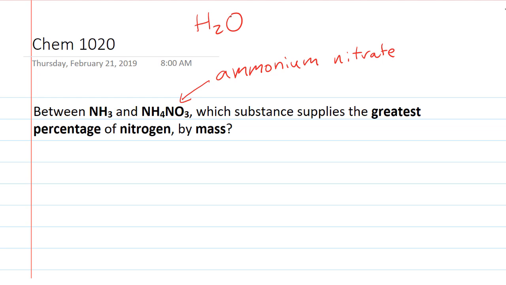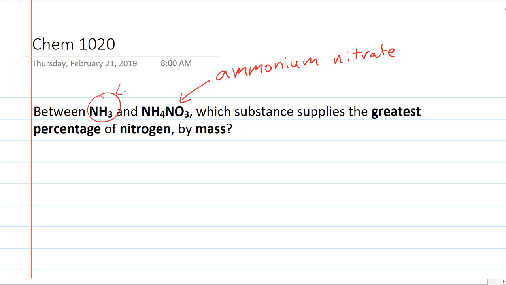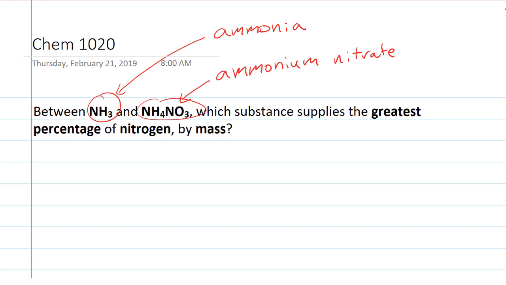So likewise, when we see this one as a formula, we don't name it by its, I guess, its systematic name. We give this one its common name. Anybody know what NH3 is? This is one that from this point forward, you must know it. This is ammonia.